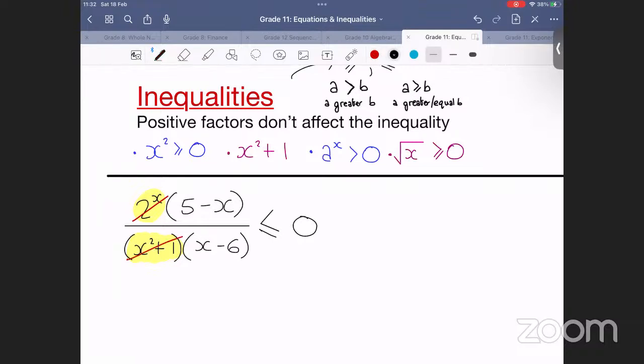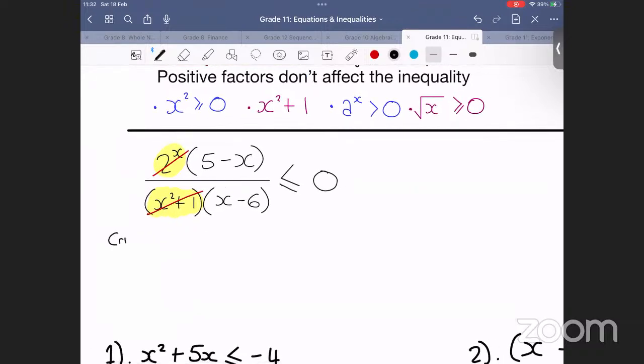Okay. When we look at the remaining factors that are left, we need to find the critical values for this inequality. Critical values are basically values that make this 0. That's how you would describe the critical values.